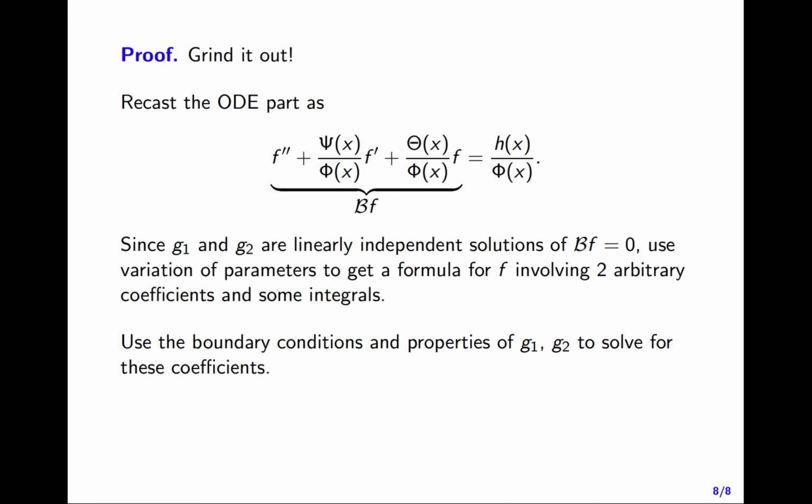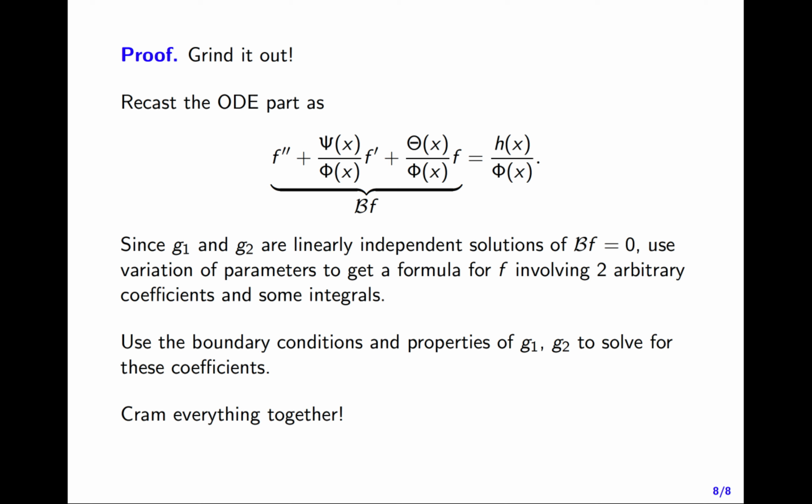And then you use the boundary conditions and some of the properties of g1 and g2, that they meet one boundary condition but not another, to figure out what those coefficients have to be. And then you cram everything together into one big integral, separating things out piecewise for x less than or equal to c or c less than or equal to x, as on the previous slide.